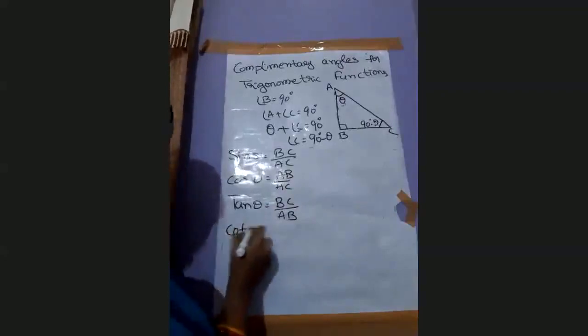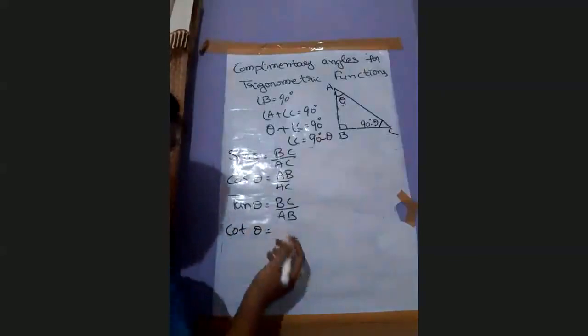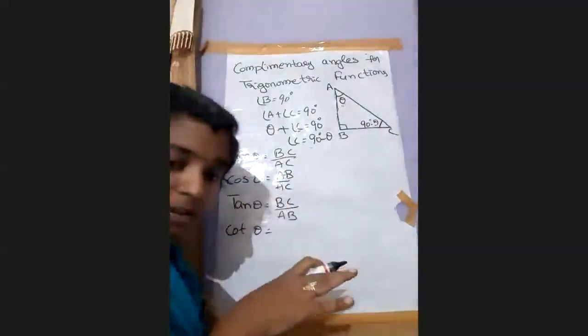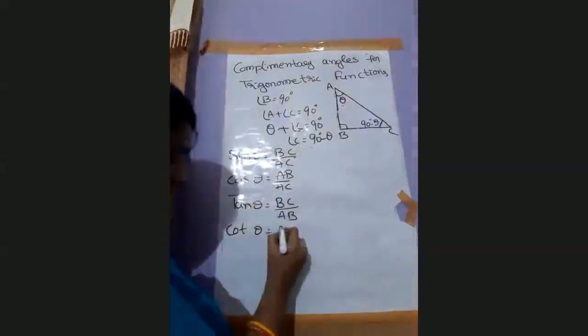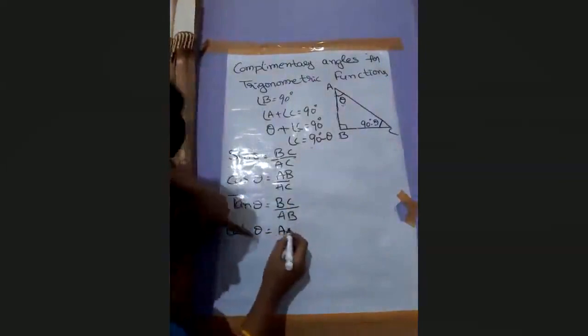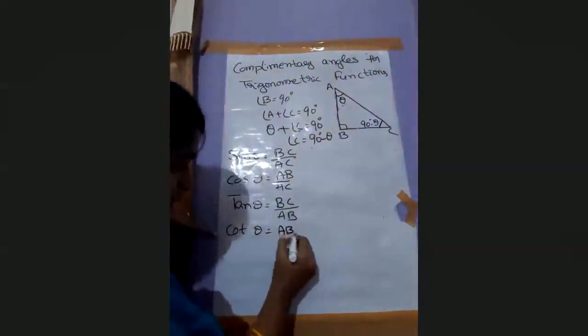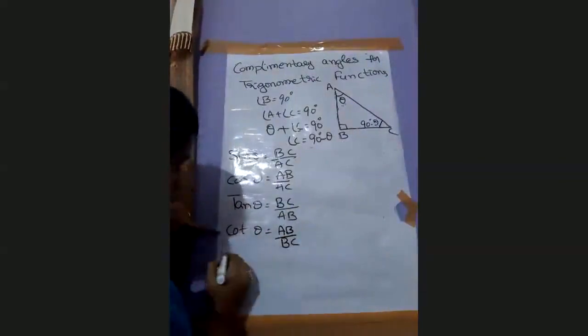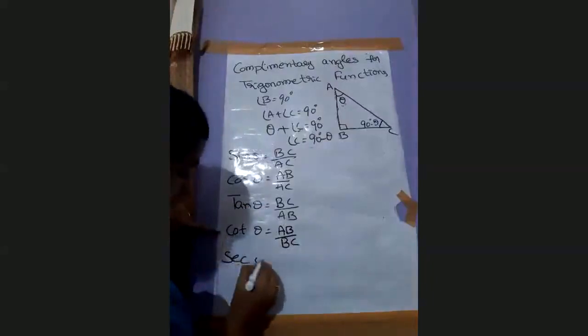And then what about cot theta? Cot theta is the reciprocal of tan theta, so I can interchange the numerator and denominator: AB divided by BC.